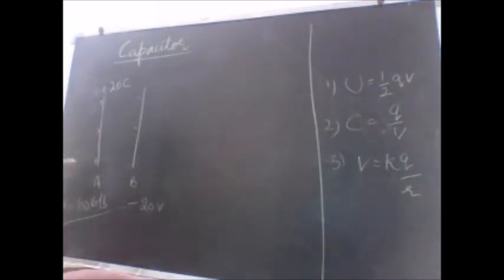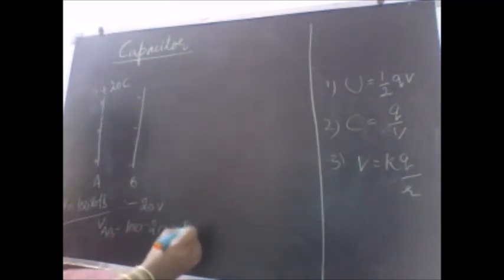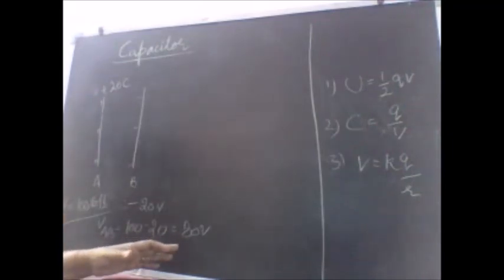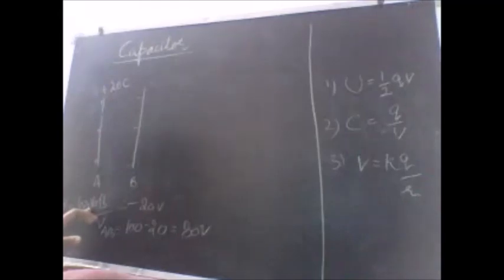So what is the effective potential of A with respect to B now? It is 100 minus 20, which comes out to be 80 volt. The potential has decreased to 80 volt, but I want the potential to be the same, 100 volt.